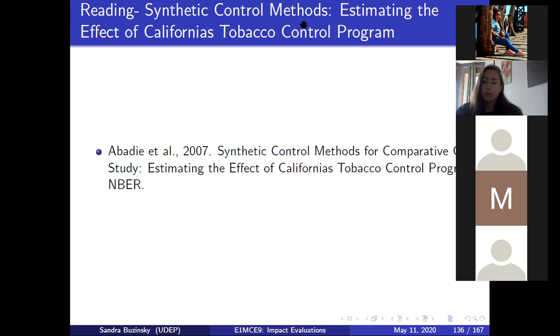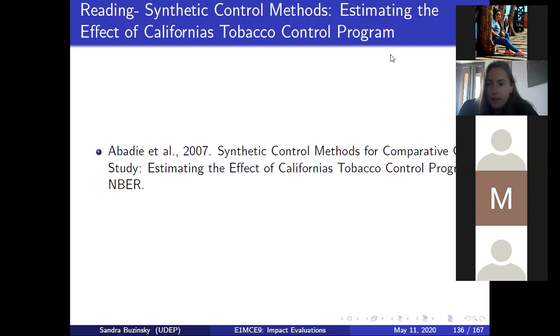The only difference really is that you're using a made up group, like you're making it up of a bunch of different characteristics of many untreated units. So yeah, that's why it's synthetic. Okay, so that's about all it is, pretty straightforward.